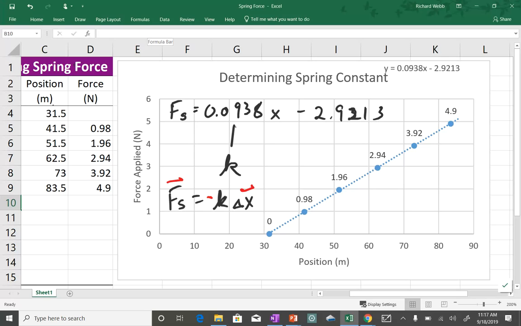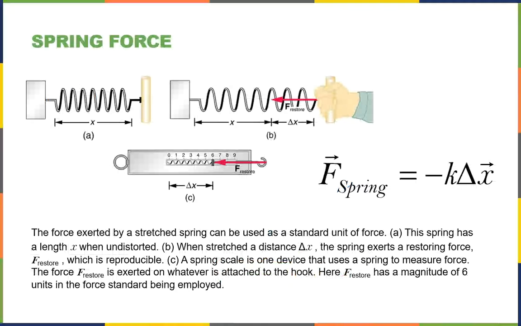So if you stretch it, it tries to pull it back. You compress it, it tries to push it out. So that's what the minus sign is indicating. And later on, when we get to oscillatory motion, that will be a very important concept indeed for us. So here you see it as the vector equation with the minus sign. Exactly what I wrote, isn't it?